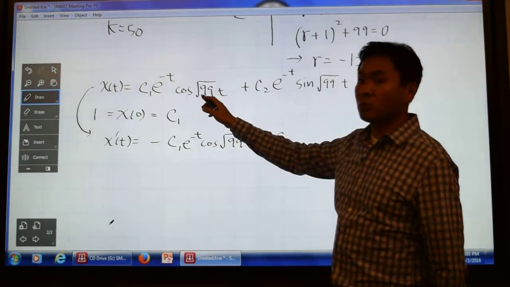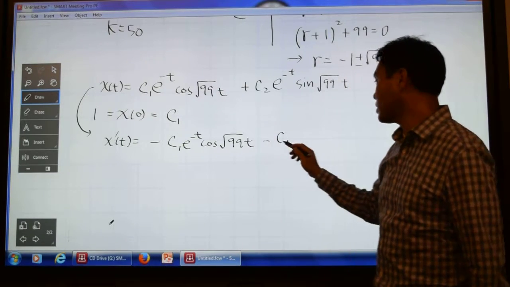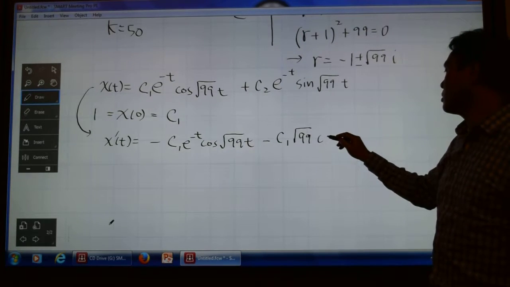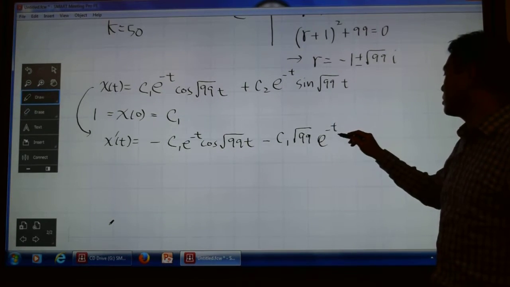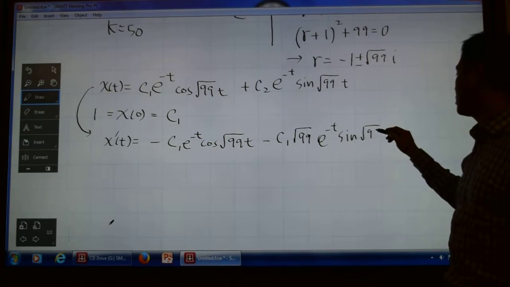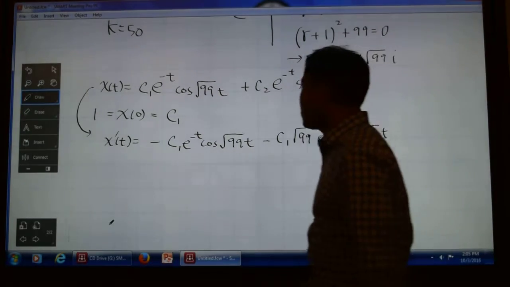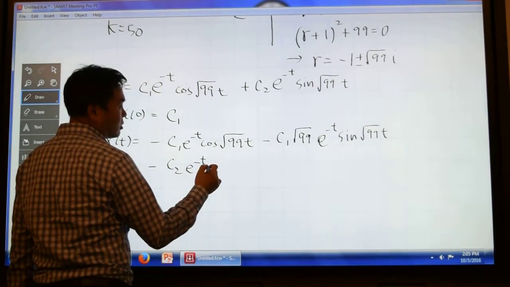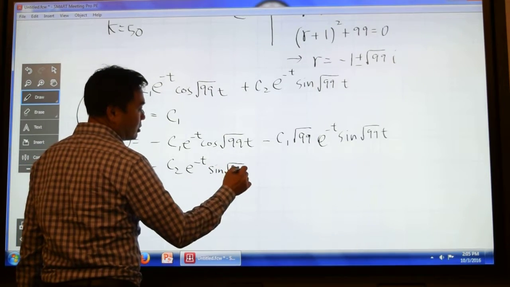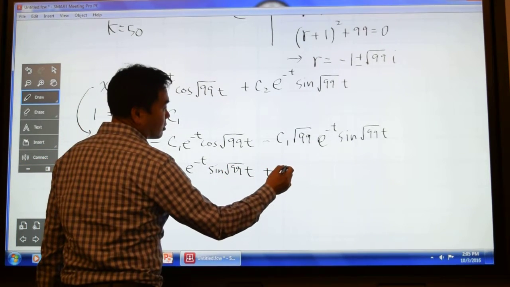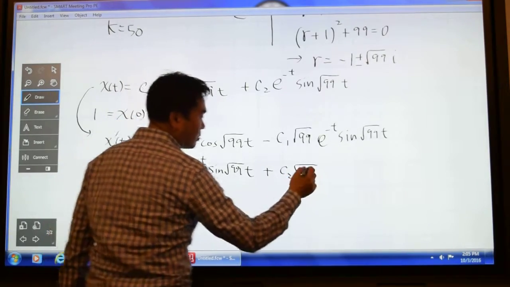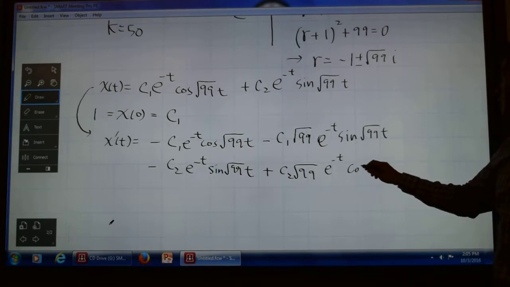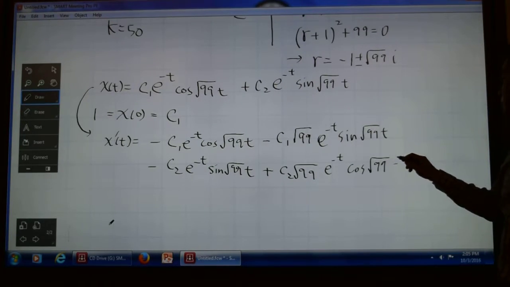And then when you differentiate the inside function, square root of 99 appears as a coefficient. And similarly you have to differentiate the second function, which will give you negative c2 e to the negative t sine square root of 99 t, and then plus c2 times square root of 99 e to the negative t cosine square root of 99 t.